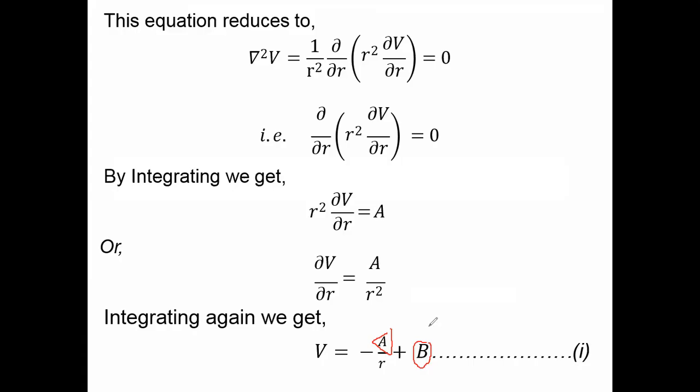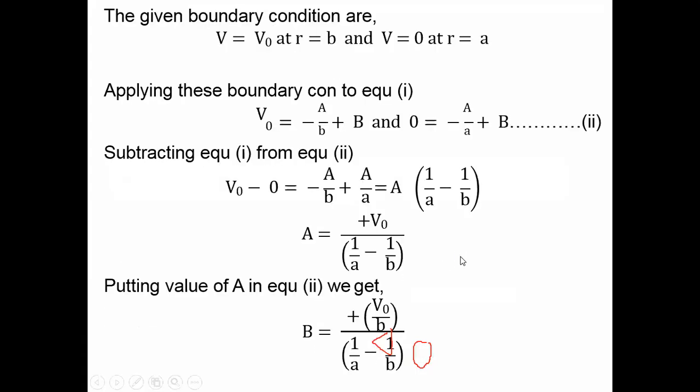So these are unknowns. I need to know my constants A and B. To evaluate the constants, I will take help of the boundary condition. That is how the help has been taken.